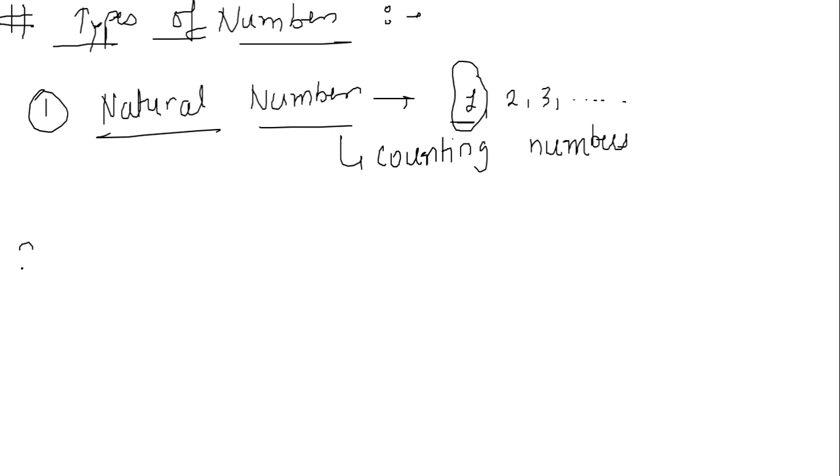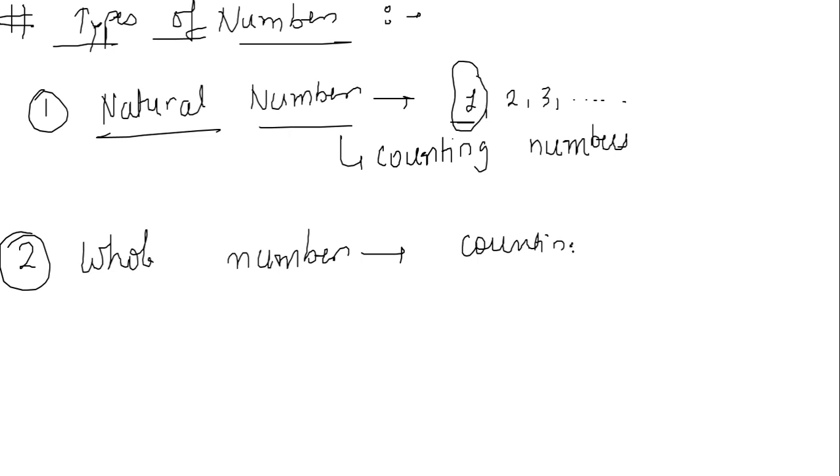The second type of number is the whole number. All the counting numbers together with 0 form the set of whole numbers.